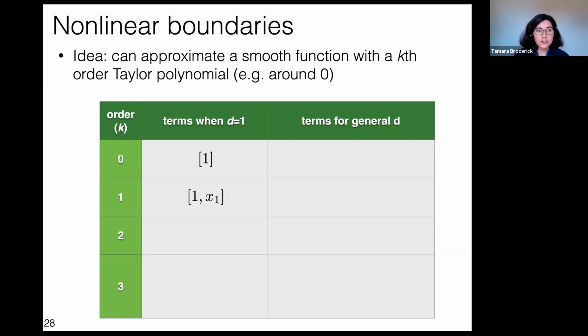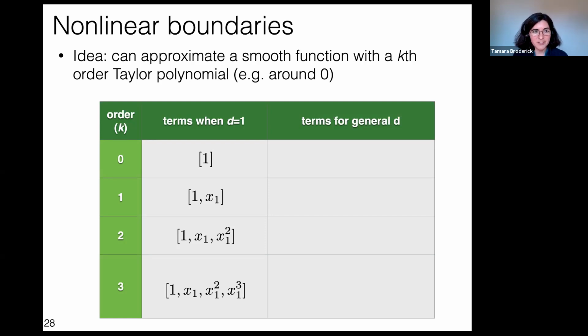If I take the first order Taylor expansion, I'm going to get a constant times 1 and a term that looks like a constant times x1, where x1 is our only feature. If I look at the second order Taylor expansion, I'm going to add a term that looks like a constant times x1 squared.